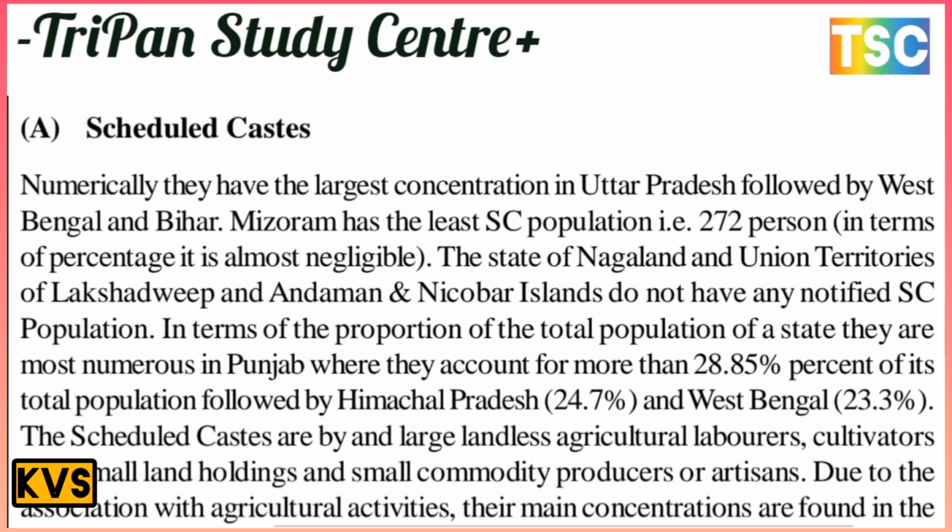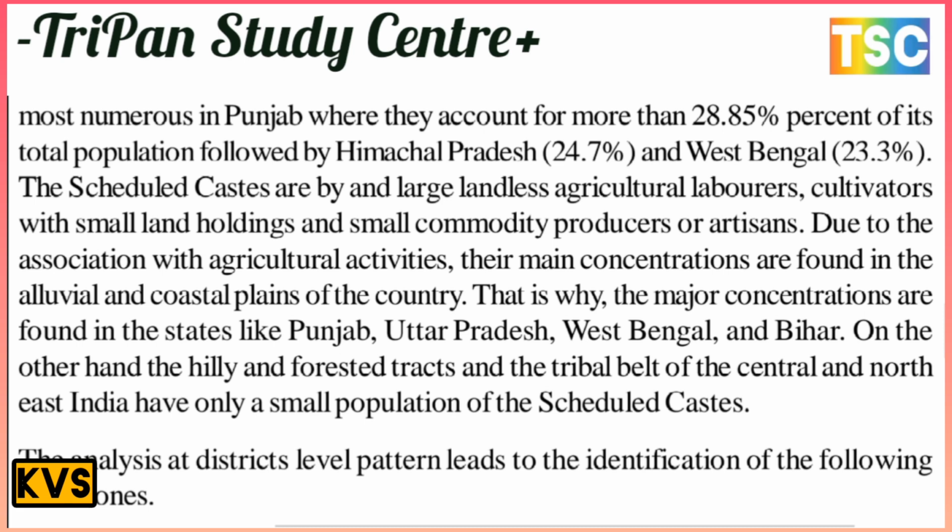Due to their association with agricultural activity, their main concentrations are found in the alluvial and coastal plains of the country. That is why major concentrations are found in states like Punjab, Uttar Pradesh, West Bengal and Bihar. On the other hand, the hill and forested tracts and the traverse belt of central and northeast India have only a small population of scheduled castes.